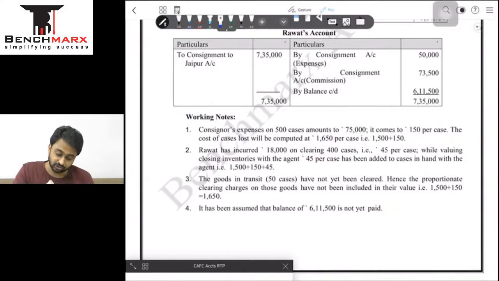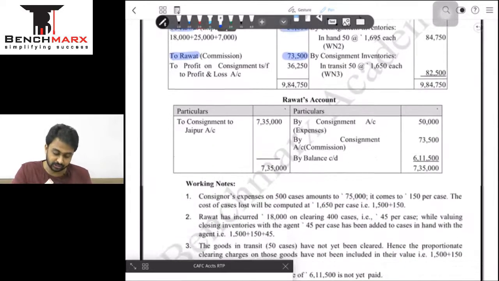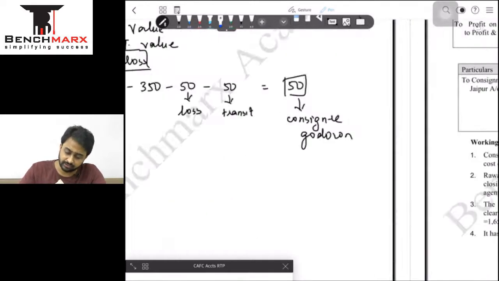Which working note is the consignor expenses for the loss in transit? Working note 1. Okay. 500 cases. This is the full value, 150 per case. This is the consignor expenses. The cost of cases is 1500 being the cost, and proportion expense comes to 150, that is 75,000.